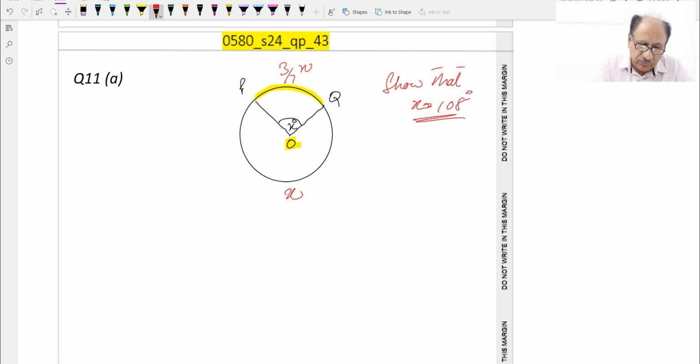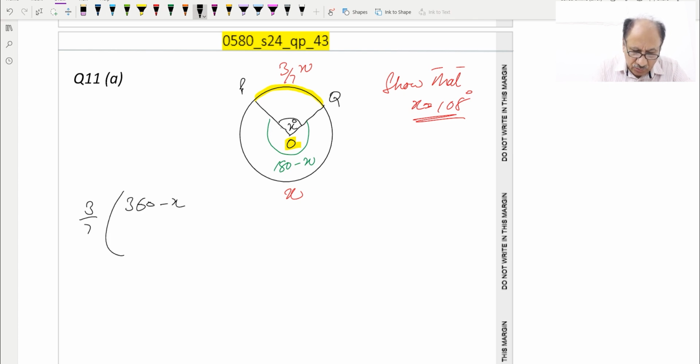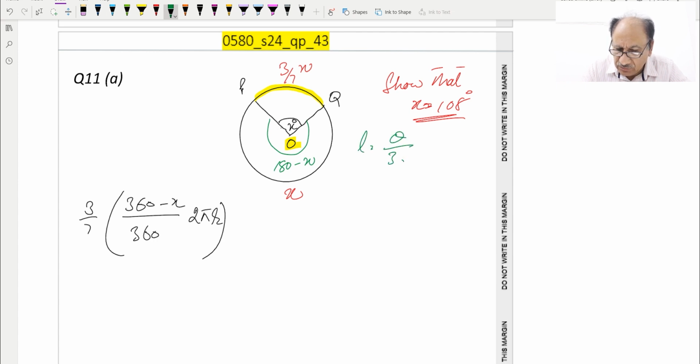Now by the condition of the question, we can write 3 by 7 of the major arc. The major arc we can take with theta, which will be 360 minus x. So we can write here 360 minus x over 360 into 2 pi r, by the formula L is equal to theta over 360 into 2 pi r.